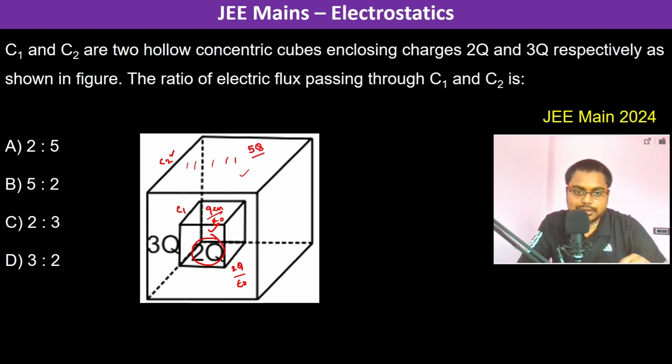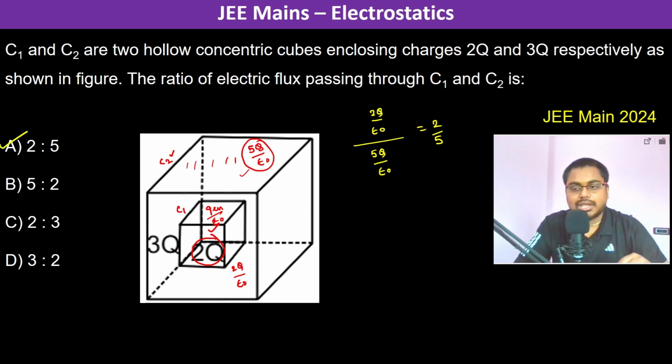So therefore 5Q by epsilon naught is the electric flux which is passing through C2. So therefore the ratio is going to be 2Q by epsilon naught divided by 5Q by epsilon naught, which is equal to 2 by 5. So therefore A is the answer.